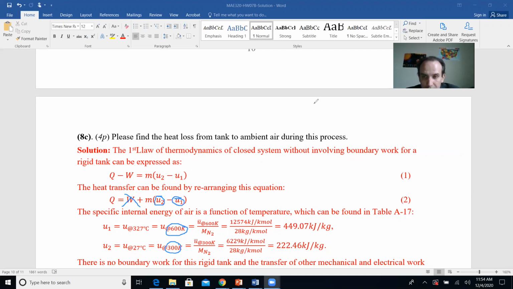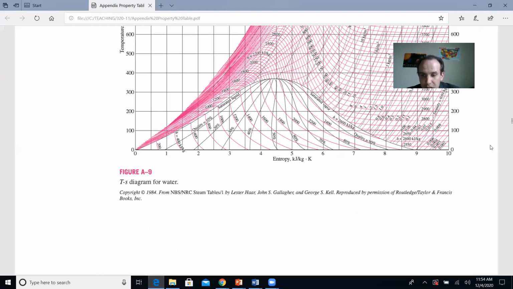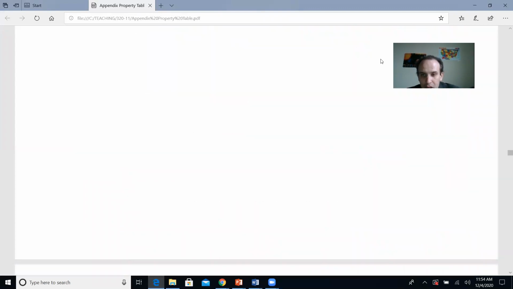Go to your tables. What is the nitrogen table? I think it's here.